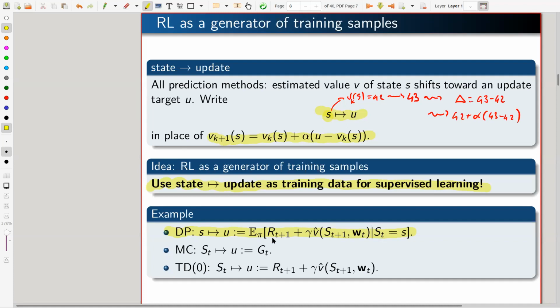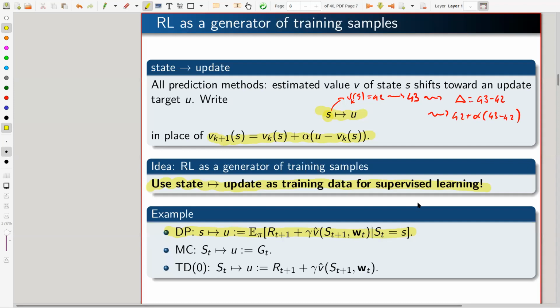Remember, I take the reward and I look at the estimate in the next state, and I take the sum of them with the discount factor. I say this is my new target, my estimation of the new value, and so I will move the previous value of the state S toward this new target, but not only this one, but the expected value of this target according to the transition probabilities. Okay, this was a target.